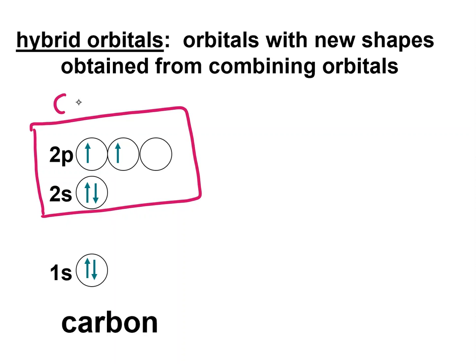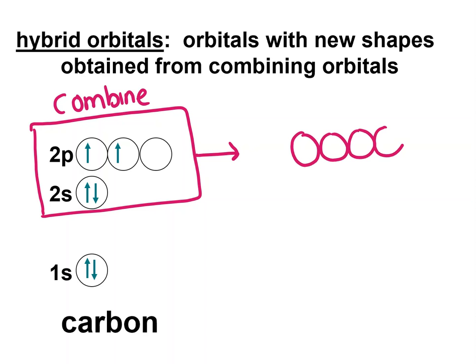So I'm going to combine these and get new orbitals. When I do that, I'm going to get 4. So I've got a new kind of orbital, a hybrid. I used 4 orbitals to make it, so that's why I get 4 out.